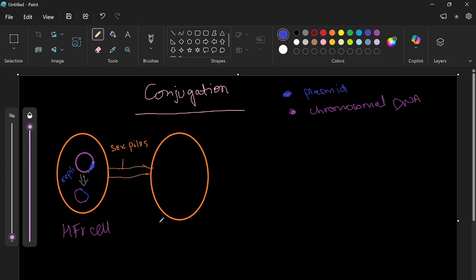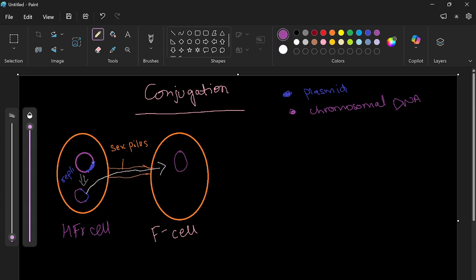And now this replicated form will travel all the way to here and enter the F minus cell. I'm sorry, I forgot to mention the F minus cell only has a normal chromosome. A portion of this chromosome is going into this cell.